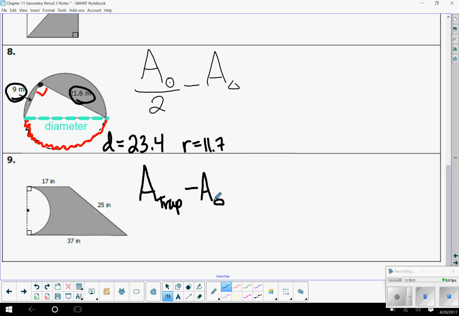Now, how do you find the height? You got to drop this down. And if that's 17 and this whole thing is 37, then what's this? Now you can do your Pythagorean theorem again.